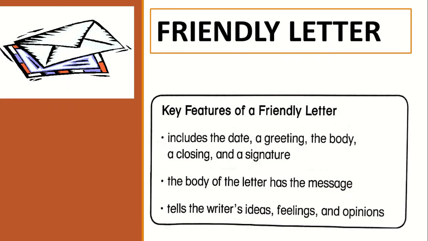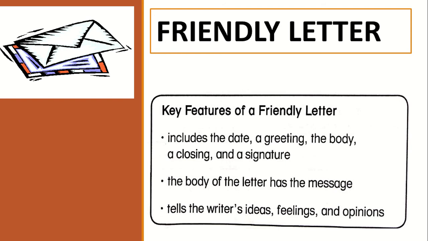So again, let us summarize the lesson. So we write a friendly letter to convey our message, our ideas, and feelings. And here are the key features again. First, it includes the date, a greeting, the body, a closing, and a signature.